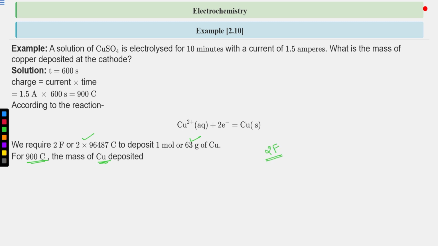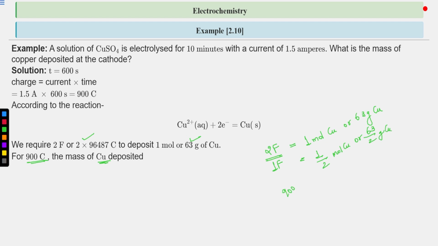We know that we require 2 Faraday charge to deposit 1 mole of copper, or 63 gram of copper. For 1 Faraday of charge, we will deposit half a mole of copper, or 63 by 2 gram of copper.